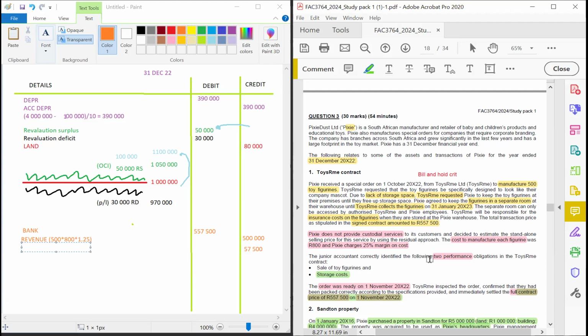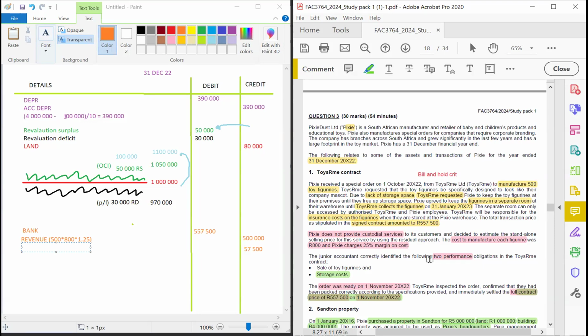So it means that the client has delivered their cash promise. Now the entity is left with the obligation of fulfilling the performance obligation. Now, a contract asset is not part of this, but I'm just making you guys aware of it. A contract asset is when the entity has provided to the customer and is only now waiting for the customer to pay.